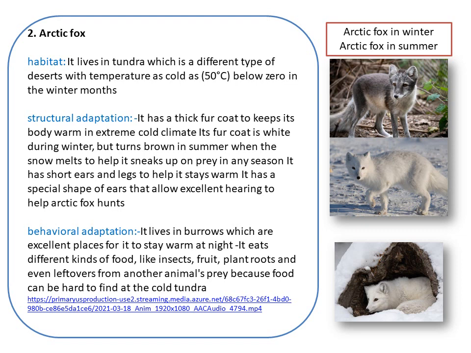Number 2, the Arctic fox. The habitat of the Arctic fox is the tundra. And the tundra is a different type of desert with temperatures as cold as 50 degrees below zero in the winter months. So you can see how cold it is in the tundra.